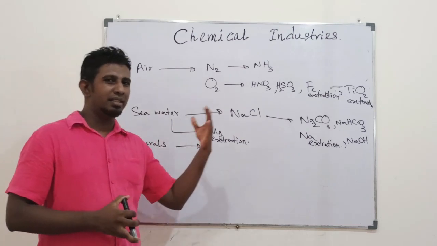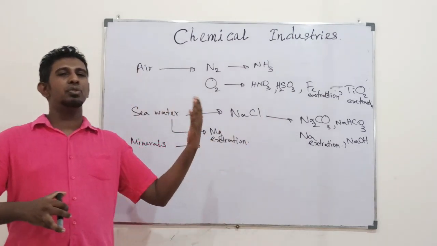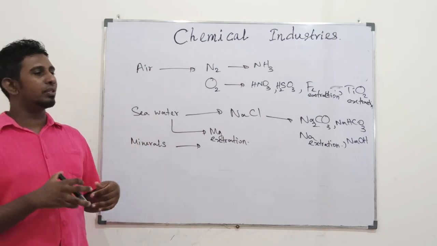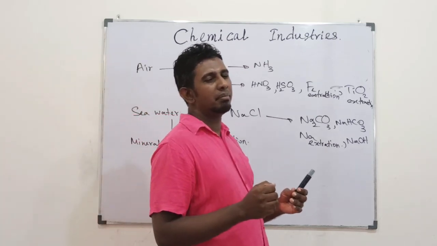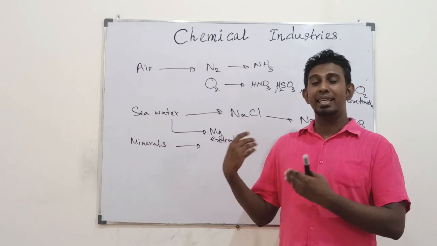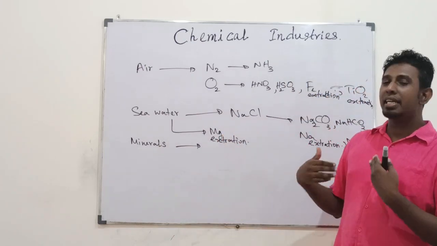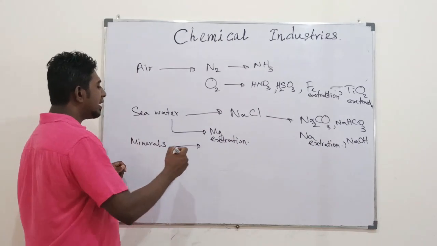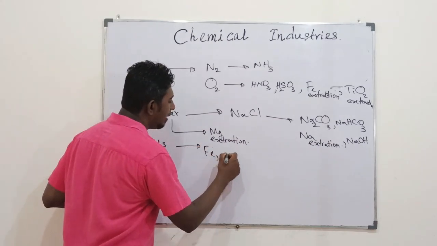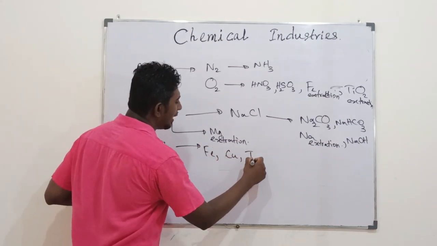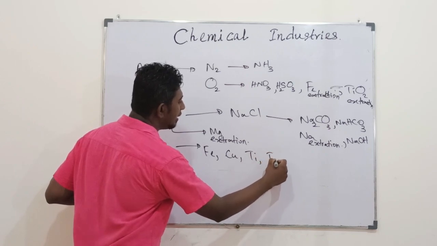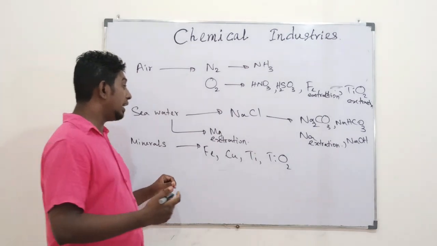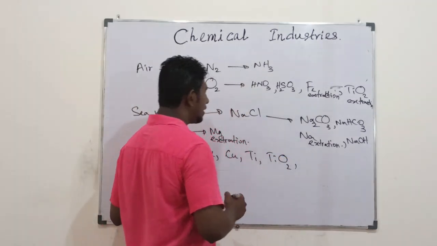This is called brine. It's not using NaCl; magnesium chloride is there in seawater. So we transform that magnesium chloride into magnesium. They are doing the extraction of magnesium. Okay. So regarding minerals, we could say Fe, copper, then titanium dioxide, the oxide, that also you could extract.